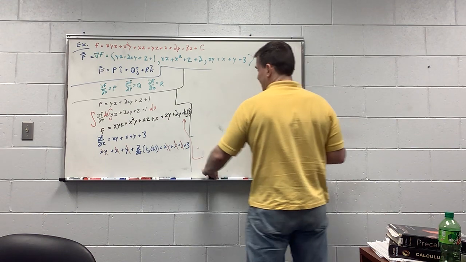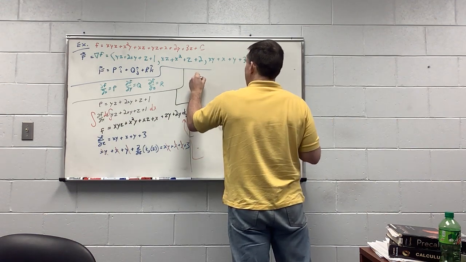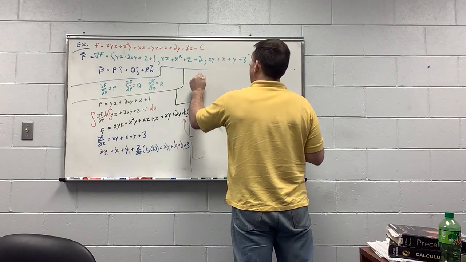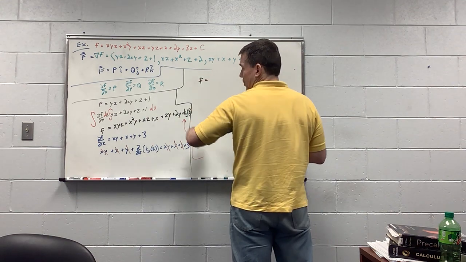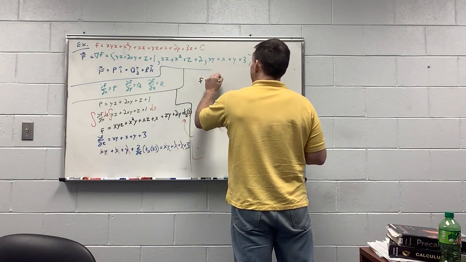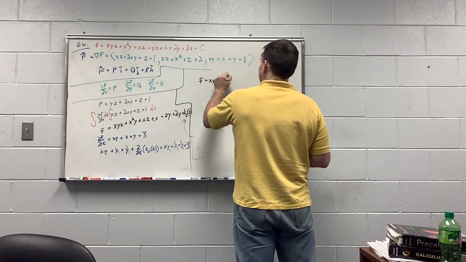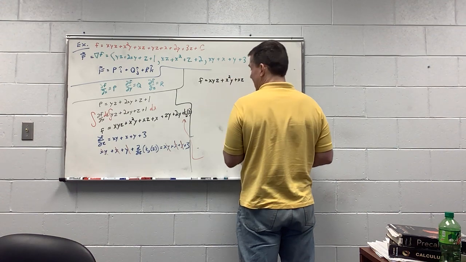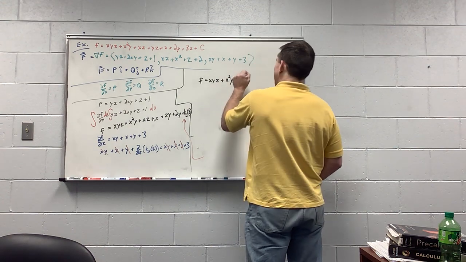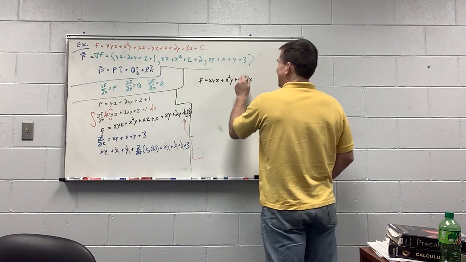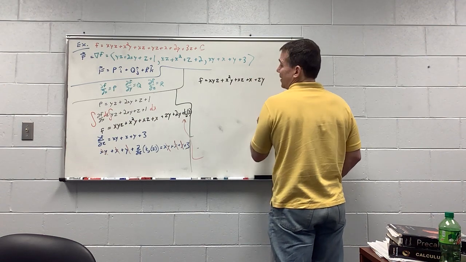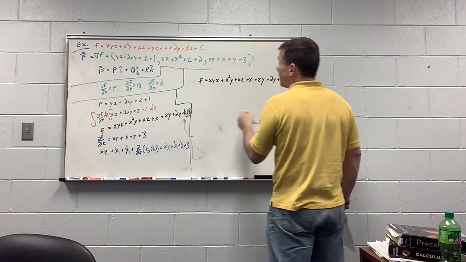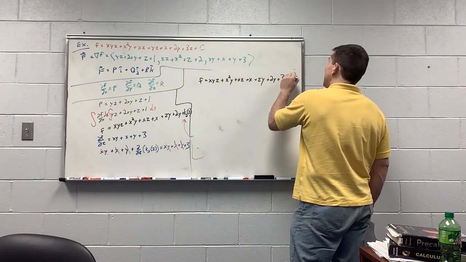Because now I have f is equal to, there's my f, xyz plus x squared y plus xz, I erased my k right here, plus x plus zy plus 2y plus k sub 2 of z, which was 3z plus c.